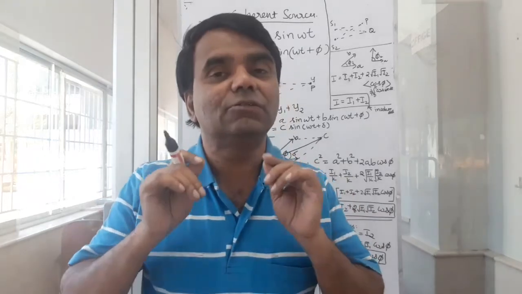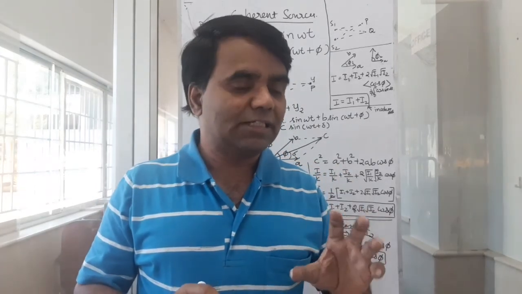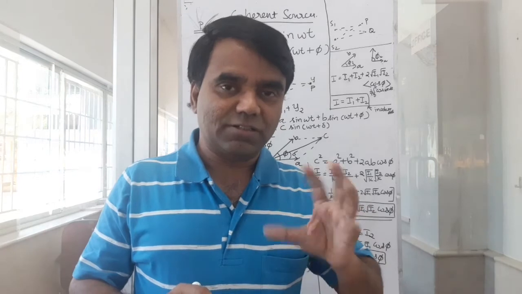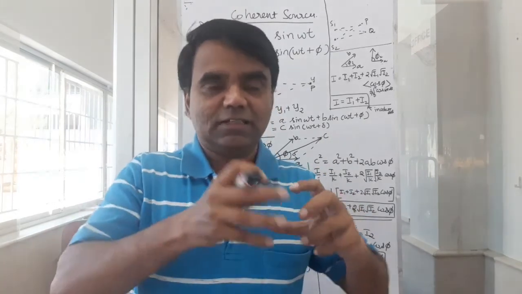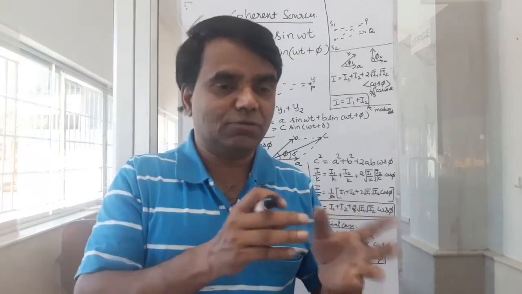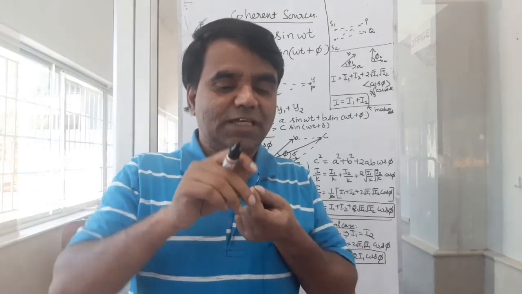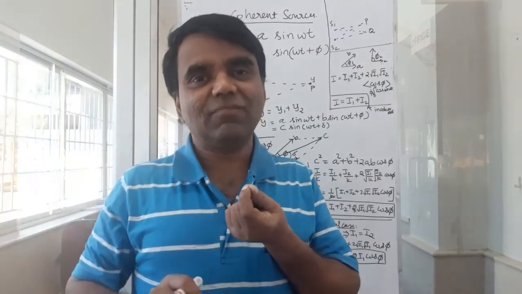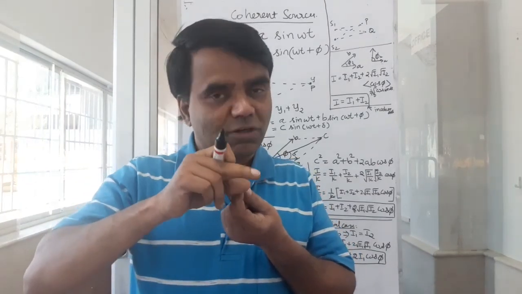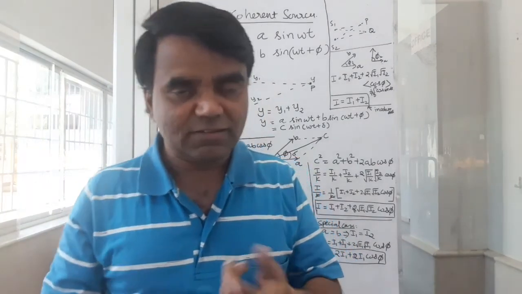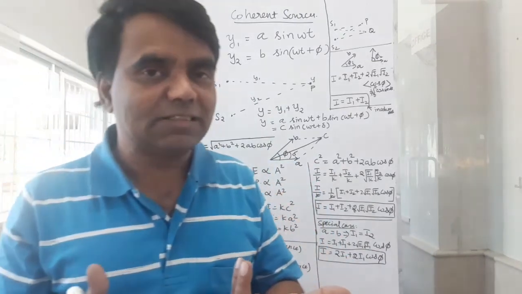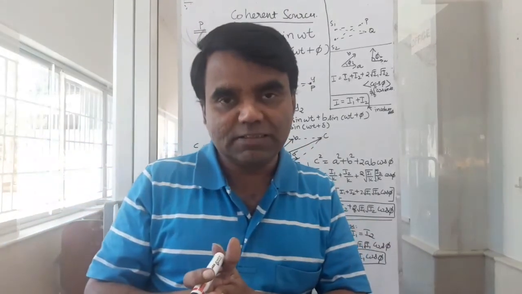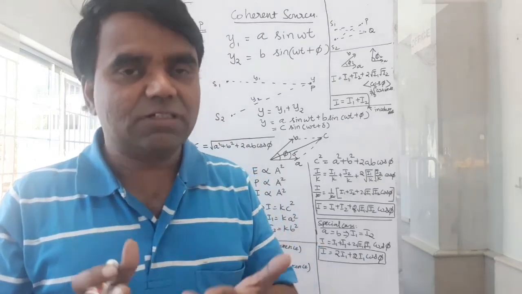Because they are incoherent. I told you, at some point in time some part will be active and another part will be active at another point in time. So the waves that come to this point would keep changing. The path difference would not remain the same, so they are incoherent, and the phase difference cannot remain the same.